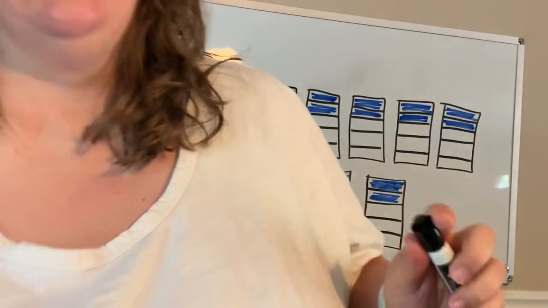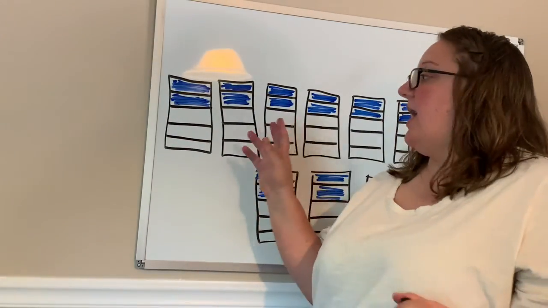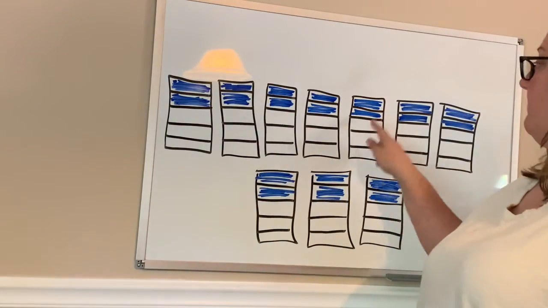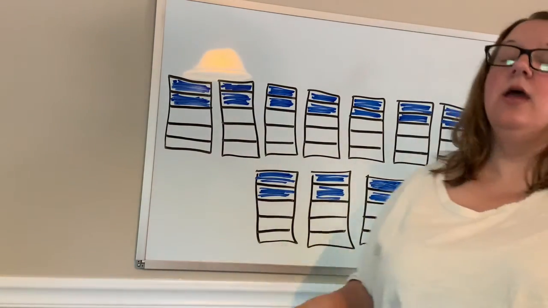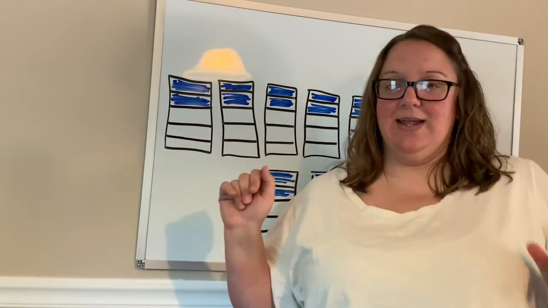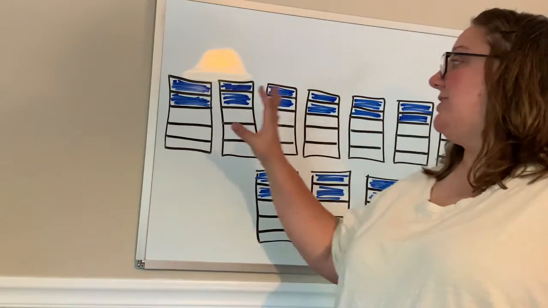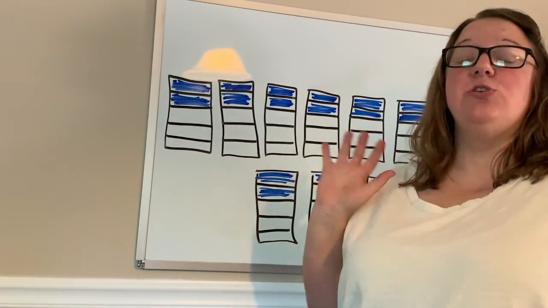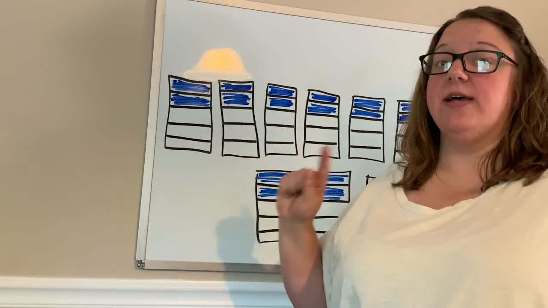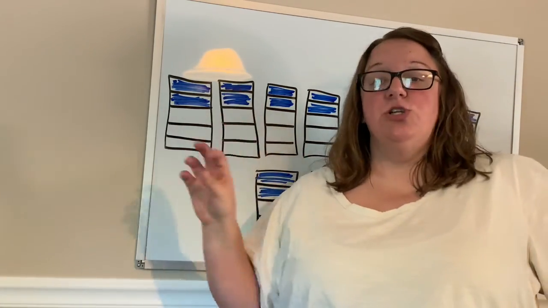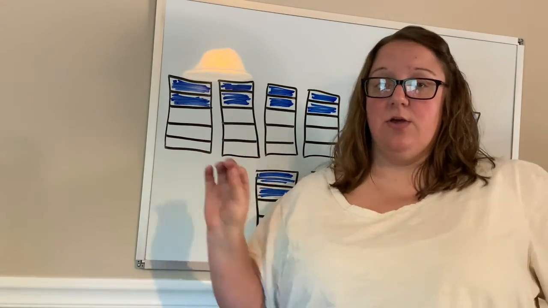Okay, so what I have done already on the board is I have drawn 10 rectangles. 1, 2, 3, 4, 5, 6, 7, 8, 9, 10. I went ahead and drew them because you guys watching me draw them is not exciting. Okay, so I drew 10 rectangles. I divided them into 5 sections, okay, because the problem told me that each water bottle holds 2/5 of a liter, okay?